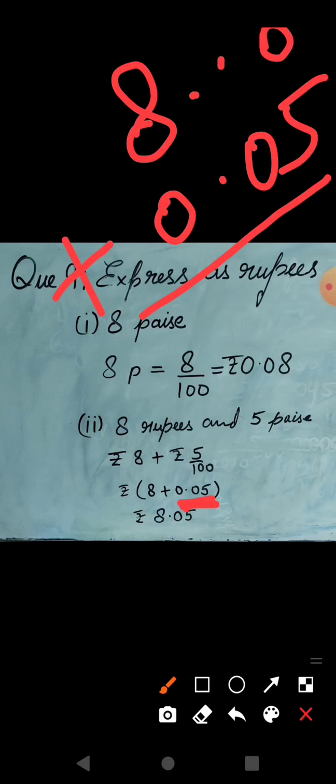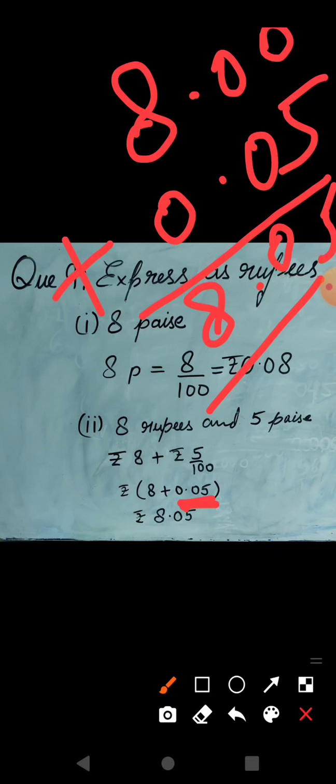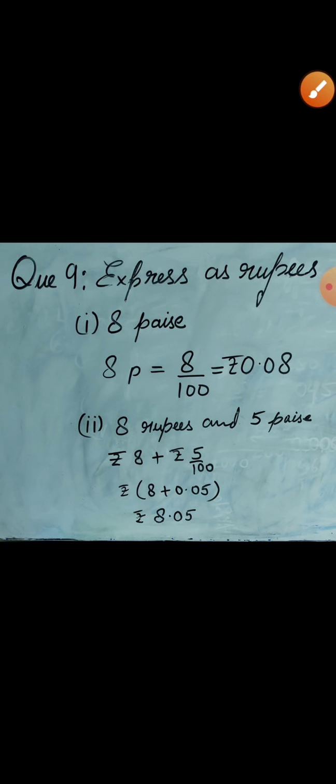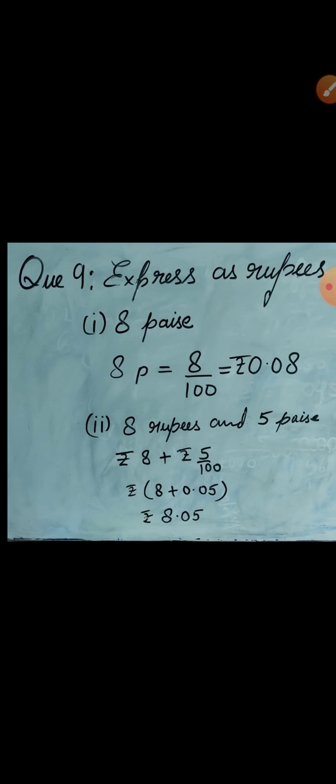Nothing is there, so we can put 0. 5 and 0 we are adding, it will be 5. 0 plus 0 will be 0. Then the decimal only. Now 8 plus 0 will be 8. So 8.05. This will be the required answer, and put the unit also, rupees. Now it is rupees 8.05.